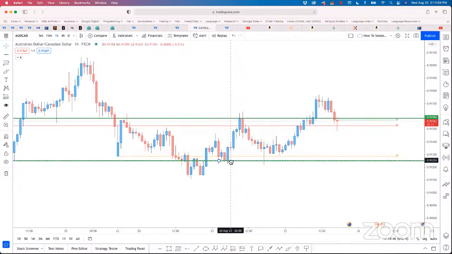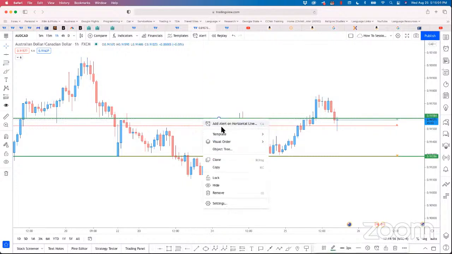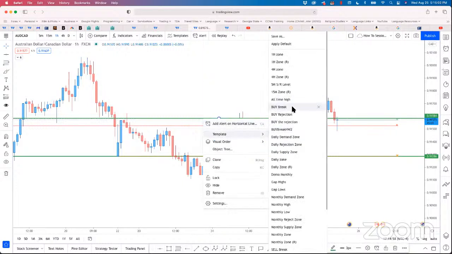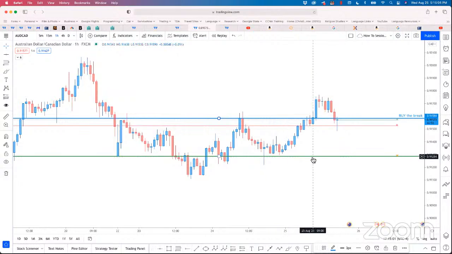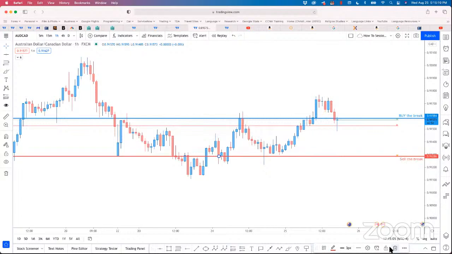Let's stretch it out to here, and this is our area of structure from here to here. Given the circumstances, we will be looking to buy this break, and we will be looking to sell this break right here, right?